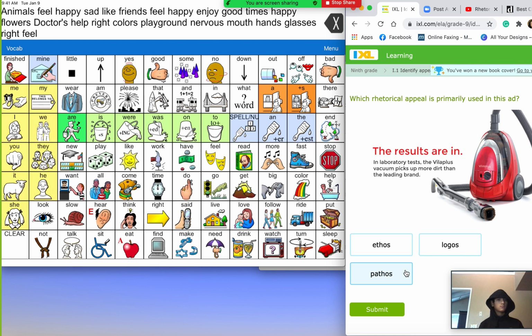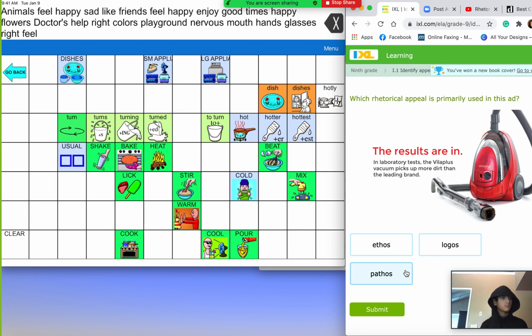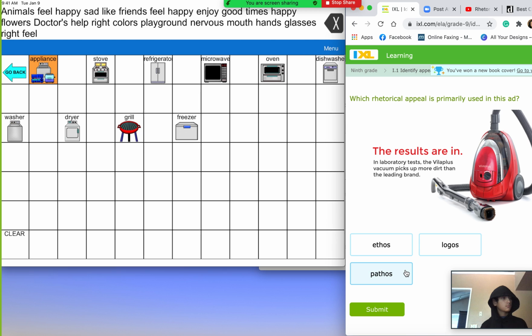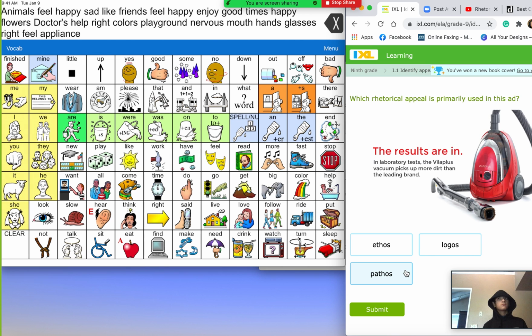All right. Do you know what this is? It doesn't look at all like ours, but what do you think? Yes, it is an appliance. You use that appliance to clean. So clean is a good word to know.